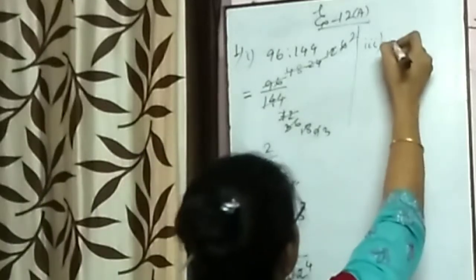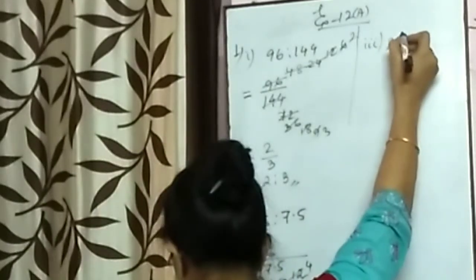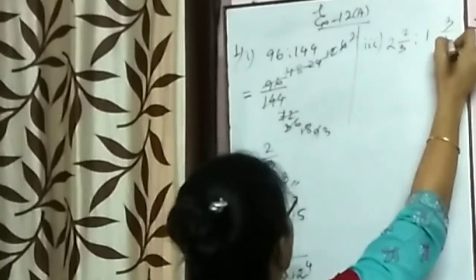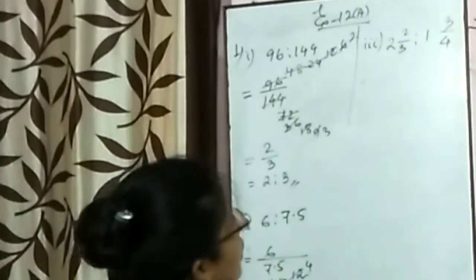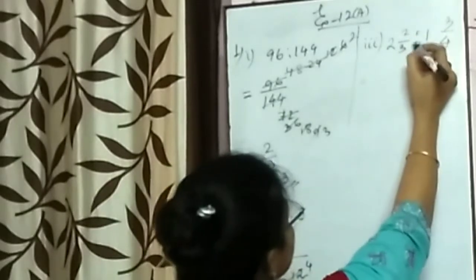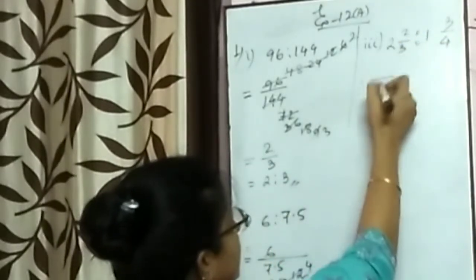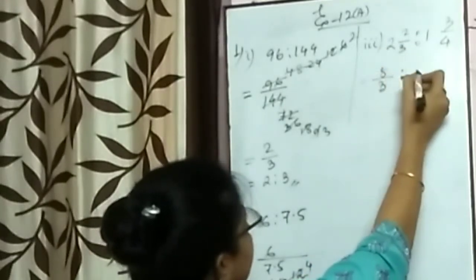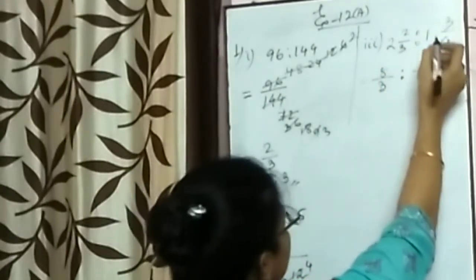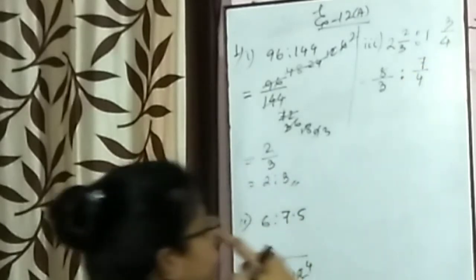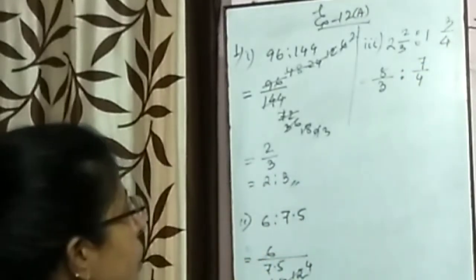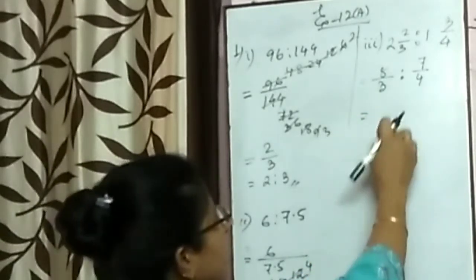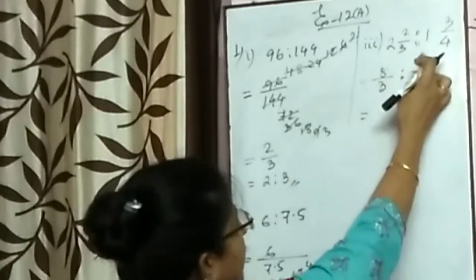Now it comes a fractional number, mixed fraction, 1:3 by 4. For a mixed number, first you make this 3 to the 6, 7, 8. 4 to the 4, 5, 6, 7. Now the thing is what? Is to means this divided by this.